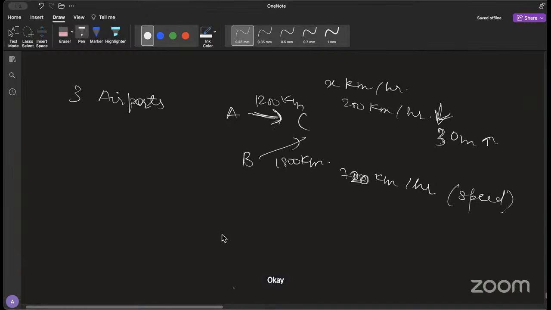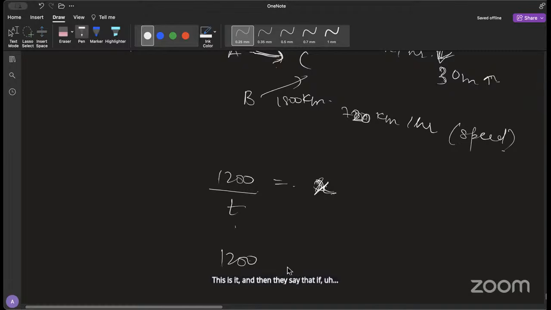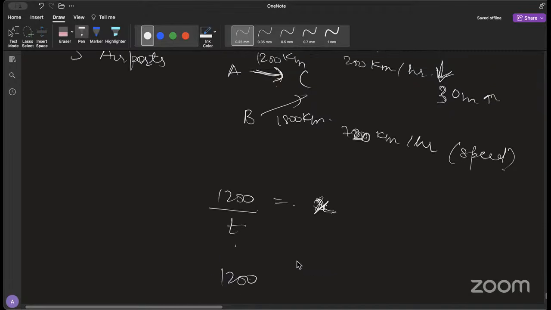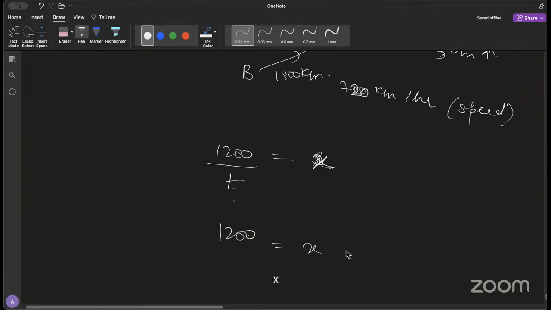Okay. So 1200 here, and by the usual speed, let's call that speed X, and the time was, let's say, T. And then they say that if X gets decreased by 200, then your time gets increased by 30 minutes, right?